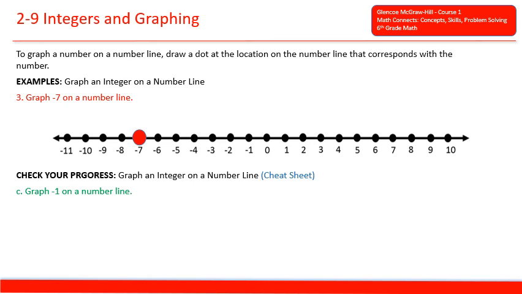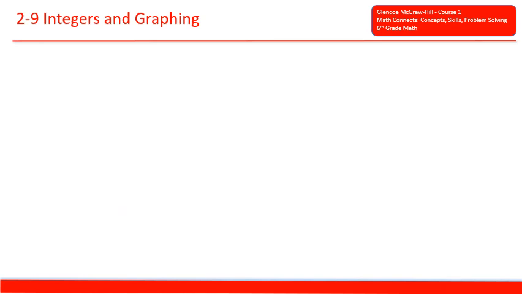Let's start at 0 and go left 1 place, and we'll find negative 1. Graph 4 on a number line. Again, if we start at 0, because it's positive 4, we go to the right 4 places. And then graph 0 on a number line. We go to 0, stop there, and put a mark there.